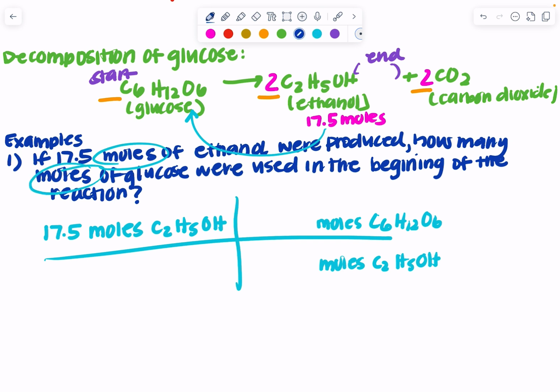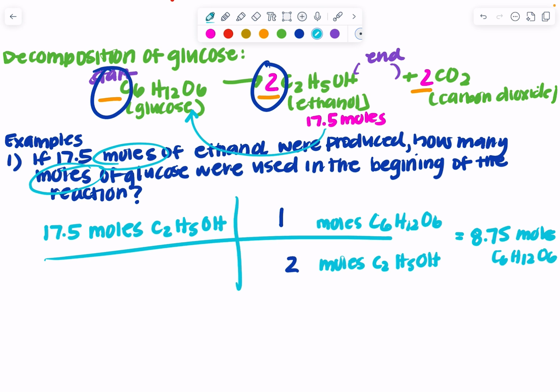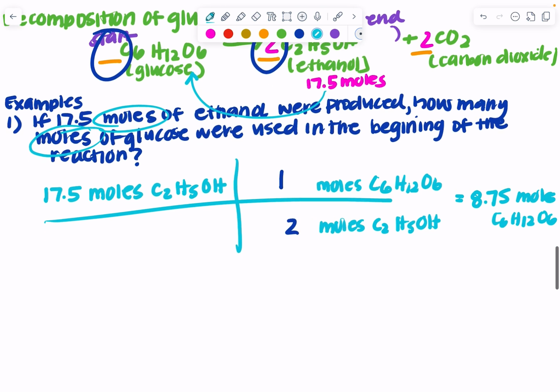The relationship is the molar ratios. 2 moles of ethanol, 1 mole of glucose. All I did was put that into my mathematical equation. The question is basically 17.5 divided by 2, which gives us 8.75 moles of C6H12O6.